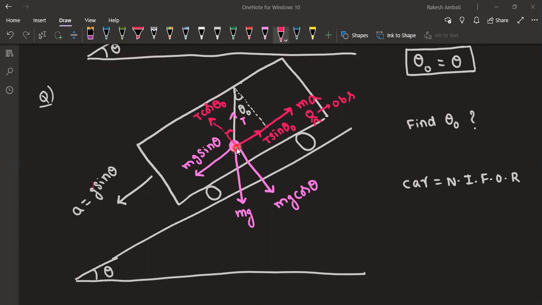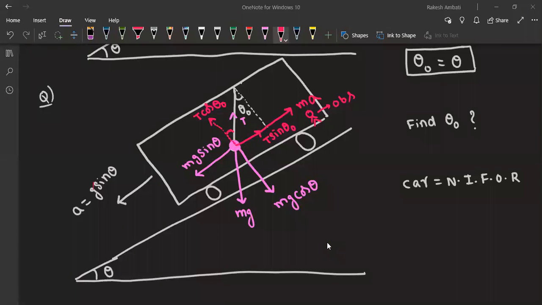It is at rest. So with respect to the observer, the pendulum is at rest, and if the pendulum is at rest, the forces are balanced. So we have to balance the forces and find the theta naught value.